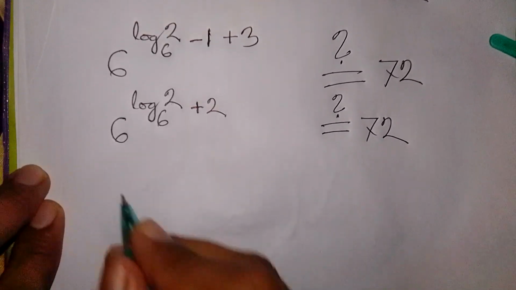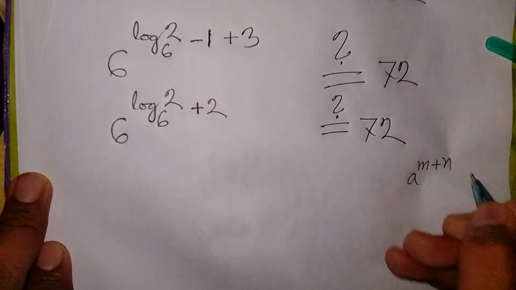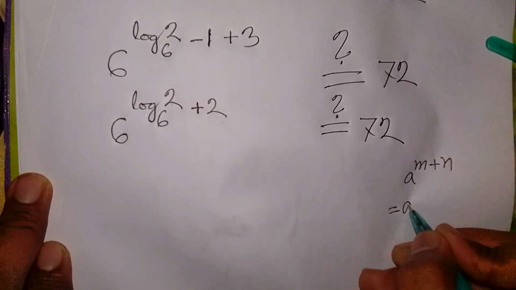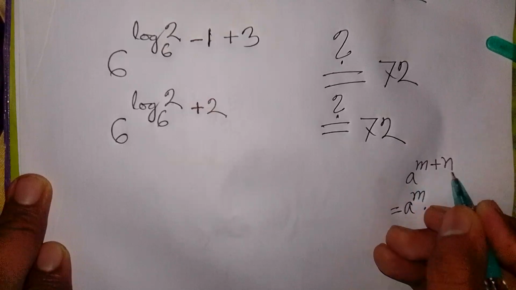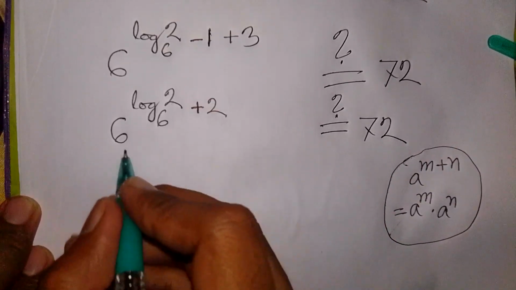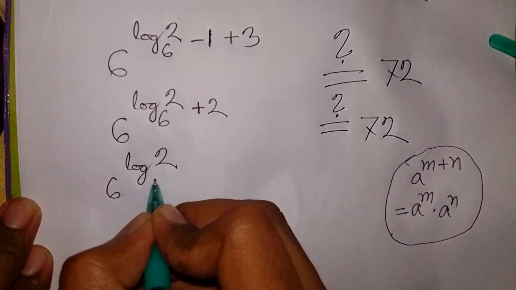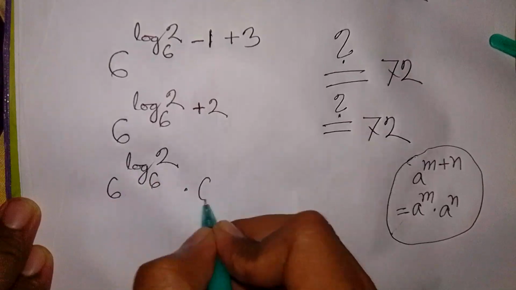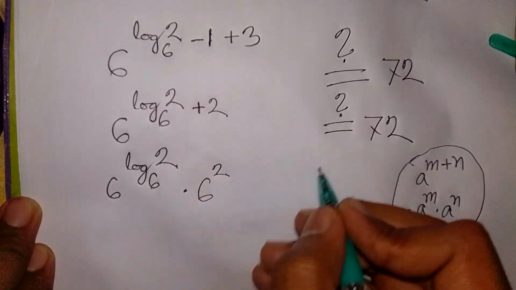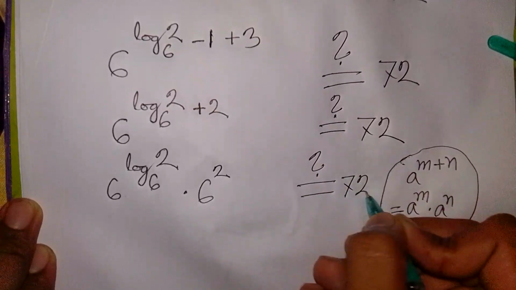Now here we apply this exponential rule, that a power of m plus n is equal to a power m times a power n. So it will be 6 power log 2 base 6 times 6 power 2. Is it equal to 72?